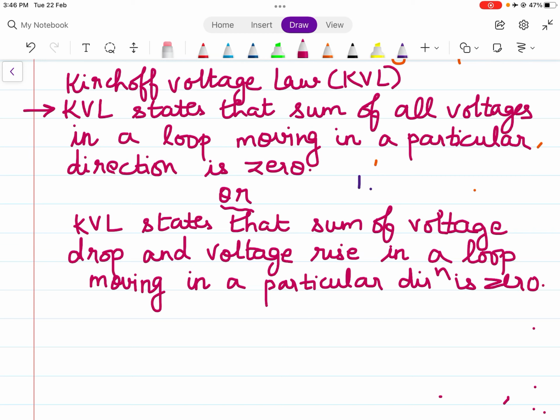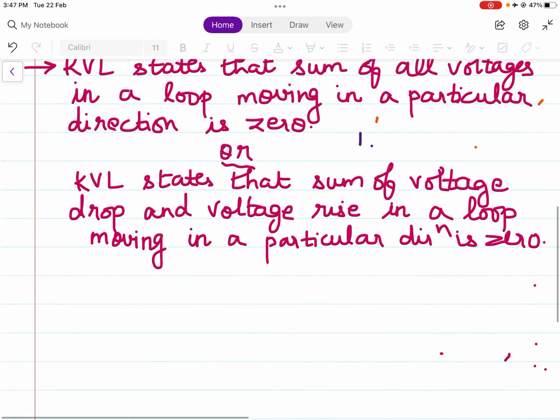So basically the total voltage in a loop moving in a particular direction is nothing but 0, or the sum of voltage rise and voltage drop in a loop moving in a particular direction is 0. So this is the statement.